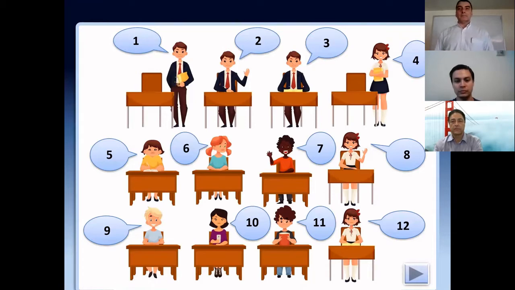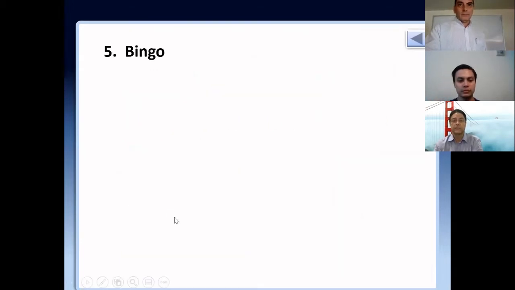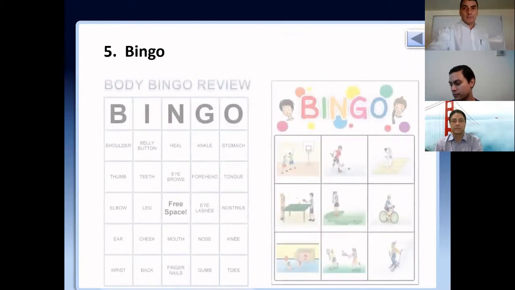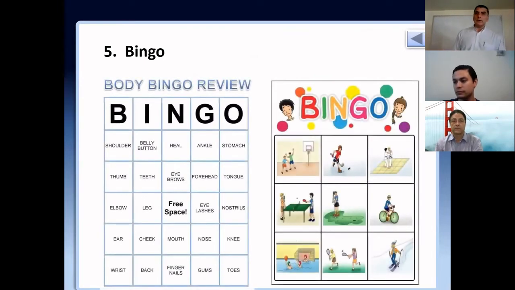Any others? Bingo. Okay, good. With bingo, again, there are a couple of variations. You could have text in the boxes or squares, or you can have pictures of the vocabulary items. Here are a couple of examples.